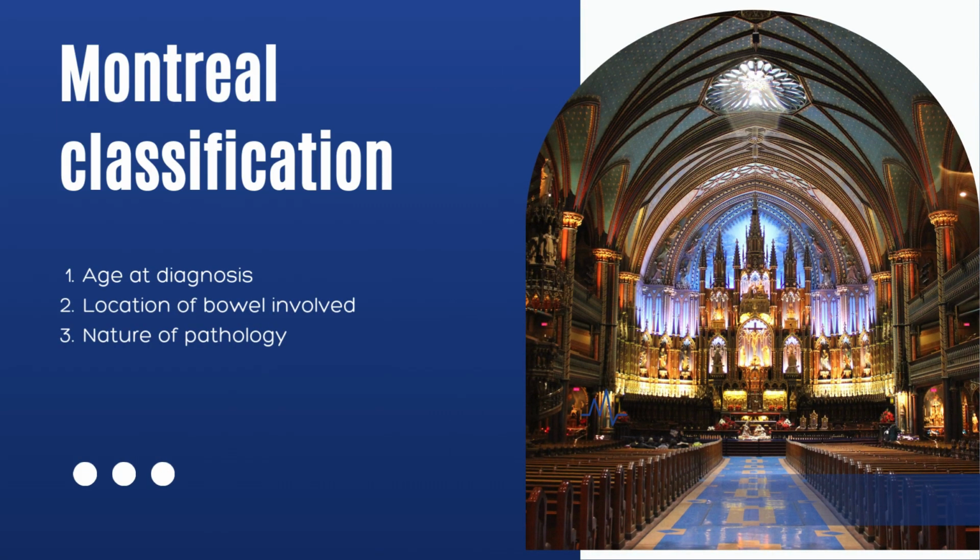Here, the classification is based on, 1, the age of diagnosis; 2, the location where the pathology is present, which is small intestine, large intestine, or rectum; 3, the nature of the pathology, which is, is it stricture forming, non-stricture forming, or fistulating? In addition to these, Crohn's disease is notorious for forming perianal disease and fistulas, which need repairing.